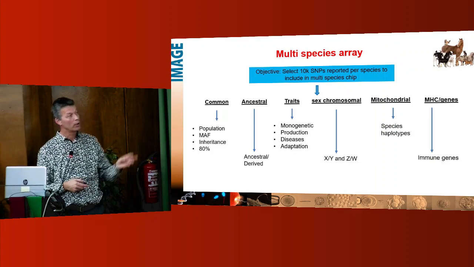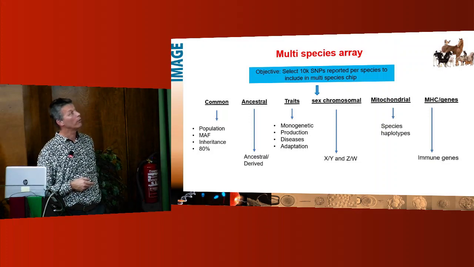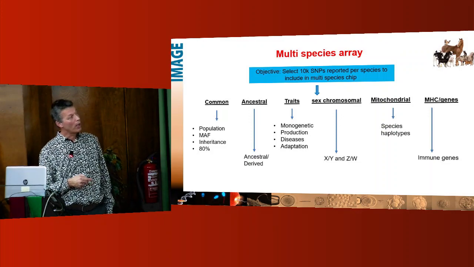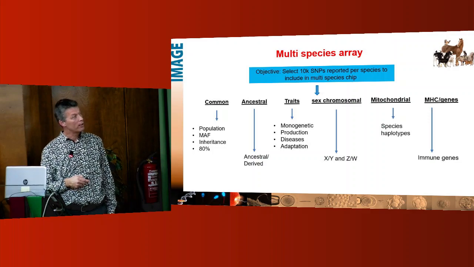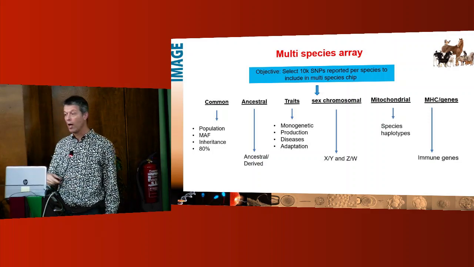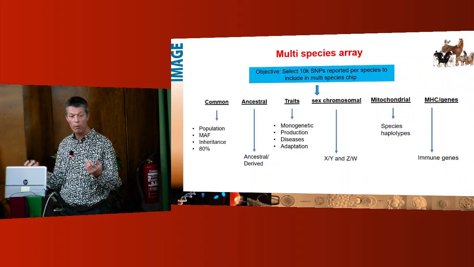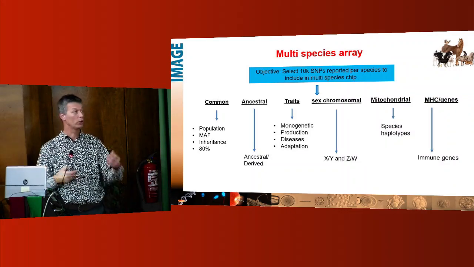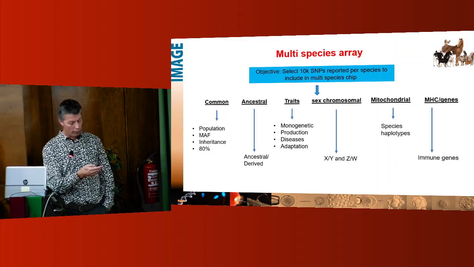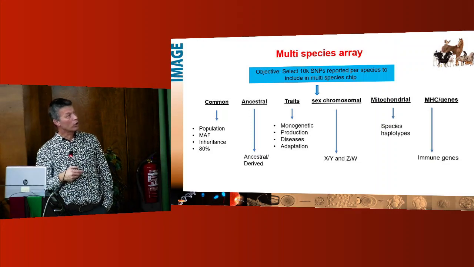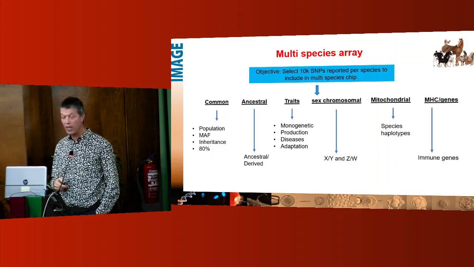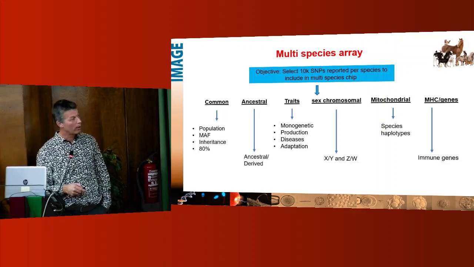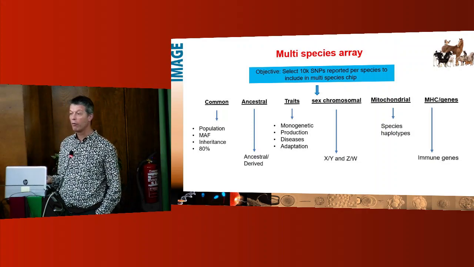We took out variations and put them on the 10K for sheep in that case. Diseases, especially the monogenic ones, are coming from the OMIA website or what we obtained from researchers in the field. The sex chromosomes are also very challenging, because most of the sex chromosomes, especially the Y and the W, are poorly covered.